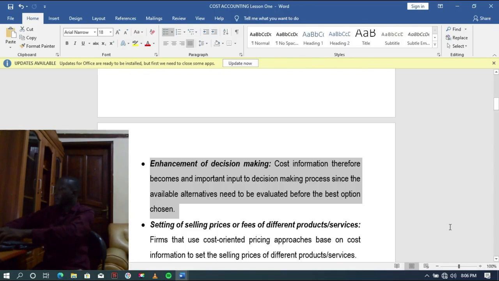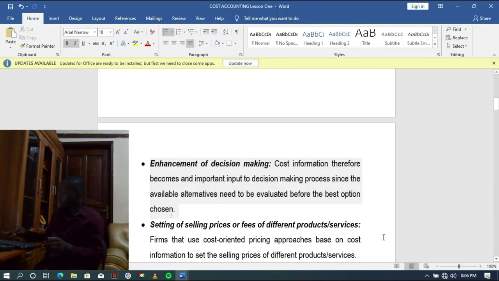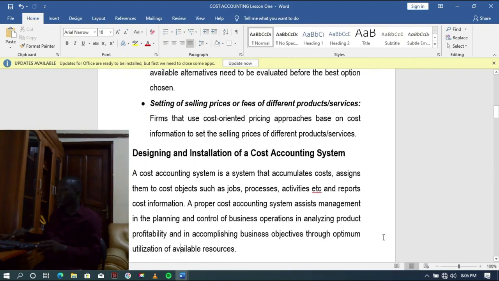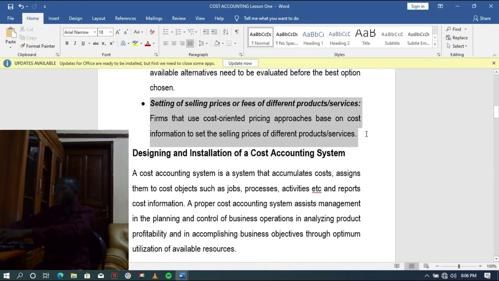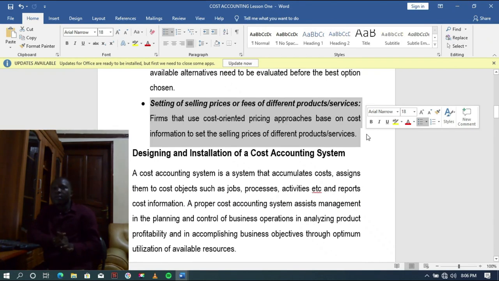Then in the same way, cost accounting helps us in setting the selling prices. When we are to sell a commodity, we must determine the selling price, and there is no way we're going to determine the selling price without getting to know your cost of producing such a commodity.